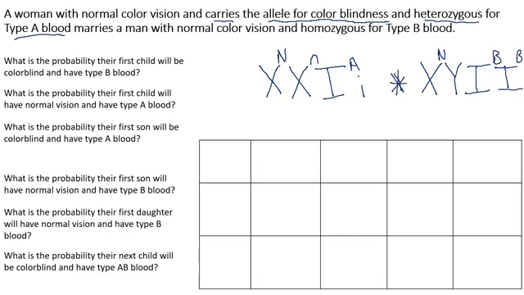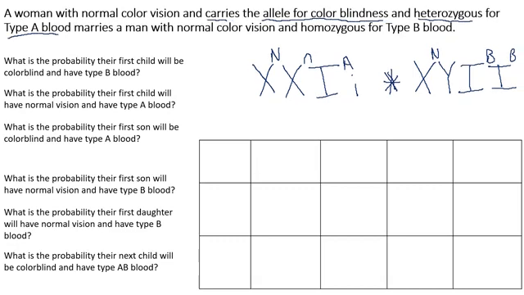So let's go ahead and determine what the gametes will be for each of these individuals. Remember, you need to do FOIL. Foiling out, let's deal with the female first.